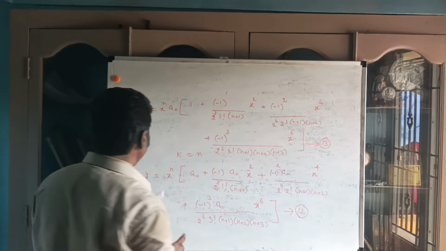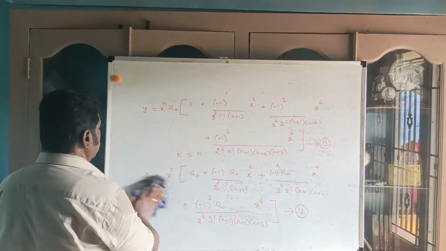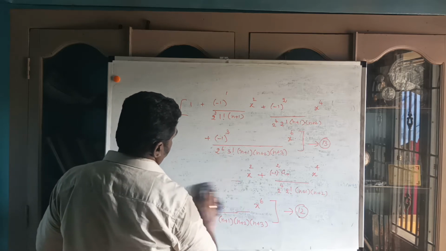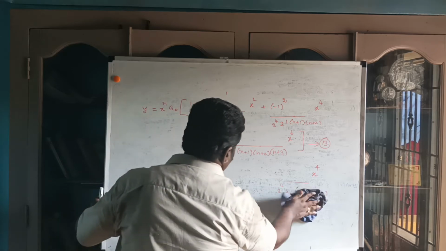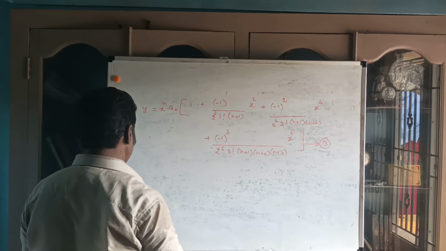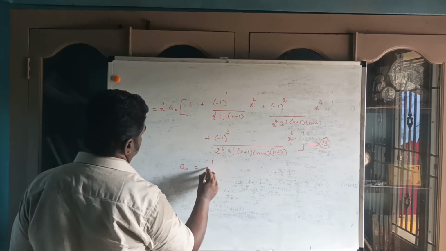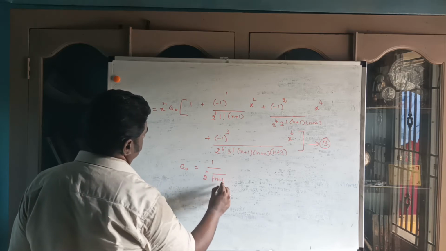We have just taken out a0 outside, nothing more to interpret. In this equation, we have to put the value of a0, which is equal to 1 divided by 2 power n into gamma of n plus 1.